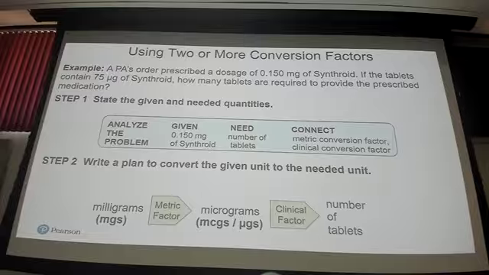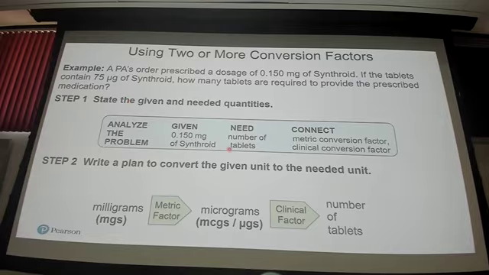And so if you have a question that asks: a PA is ordering a prescribed dose of 0.15 milligrams of Synthroid. Synthroid is the synthetic T4. If the tablet contains 75 micrograms of Synthroid, how many tablets are required? You see that there are 2 different units of measure, so you're going to have to get the same units.